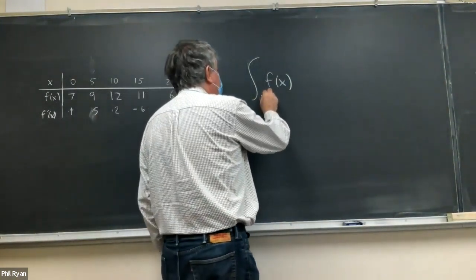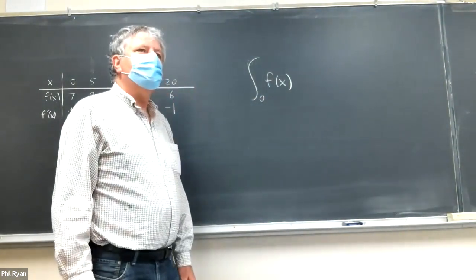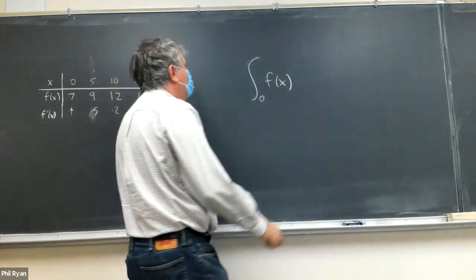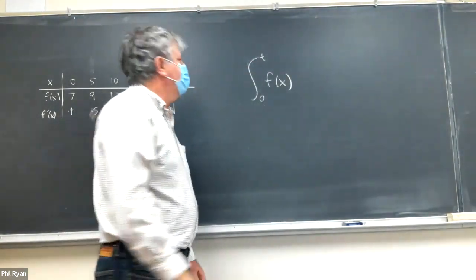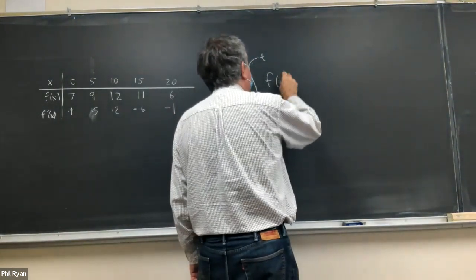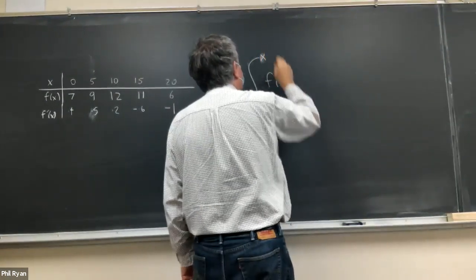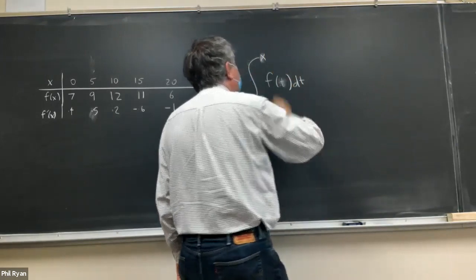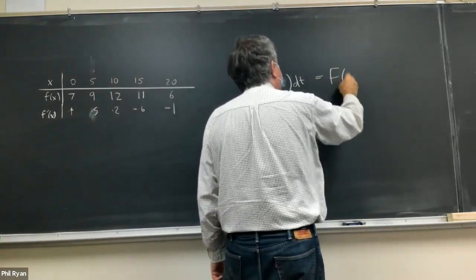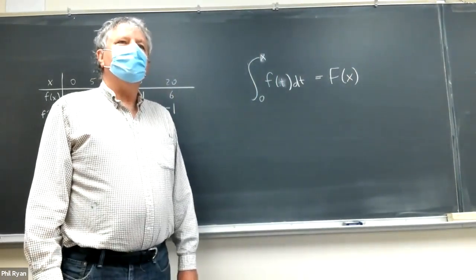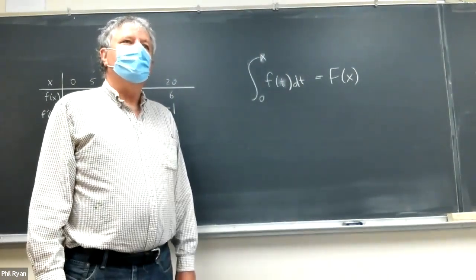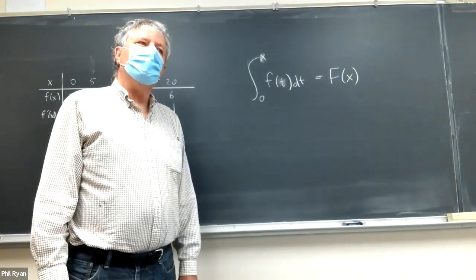So we might put 0 down here, and then to turn it into a function, we let that variable vary. Oh, hang on, I'll put the x up here. So this is some function, the antiderivative.